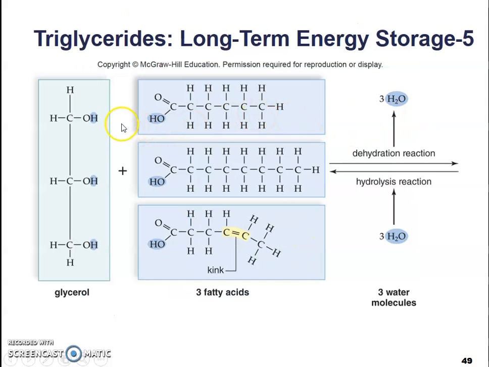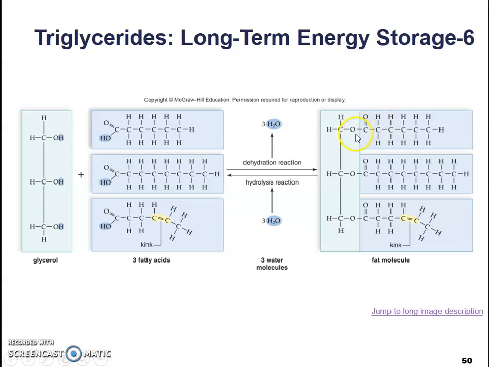So we're going to go through it 3 times, once here, and once here. And we end up with a triglyceride. You'll notice here we have a double bond, which results in a bent or a kinked strand.